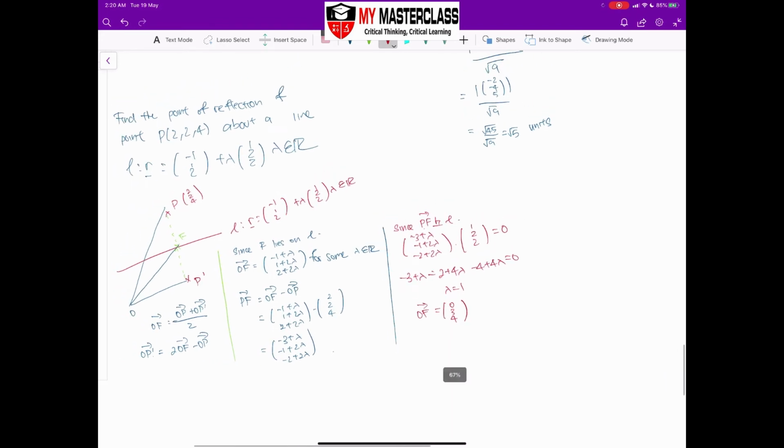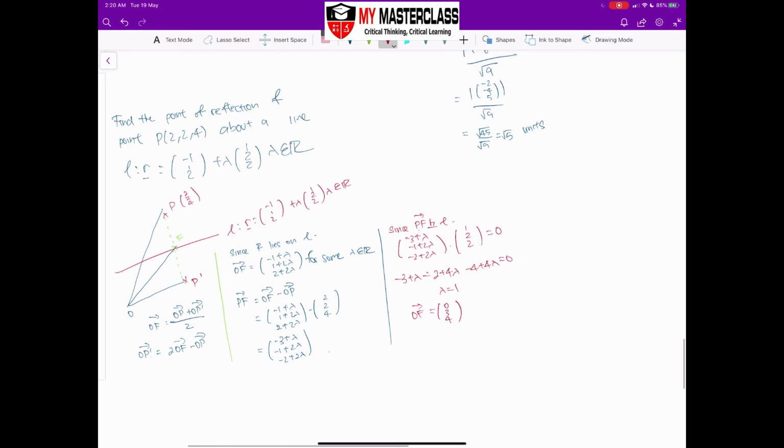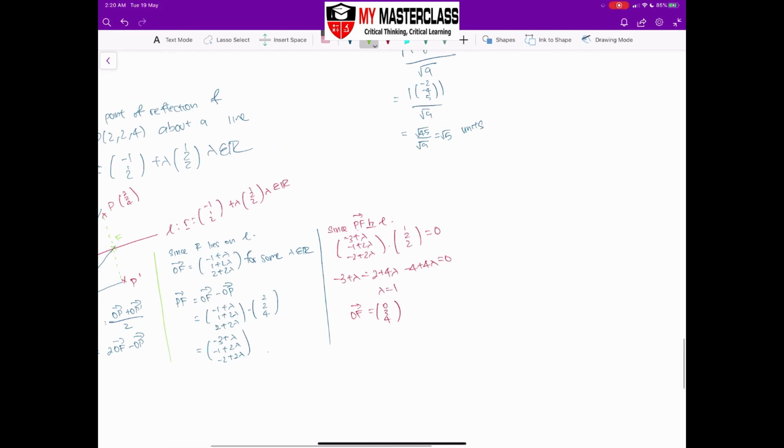Once you derive OF, we're going to use our ratio theorem. We learned that OF will be equal to OP plus OP prime divided by 2, and OP prime is something that I have to find. If the question denotes your P prime, please go and denote it as well. So OP prime is equal to 2 OF minus OP.